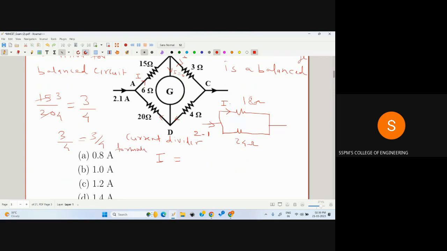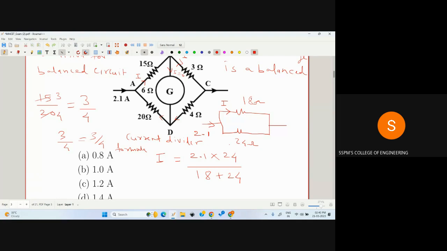The current flowing through the 18 ohm is equal to the total current, the total current is 2.1, into the opposite resistor, the opposite resistor is 24, divided by the sum of resistances which are connected in parallel. It becomes 18 plus 24. Are you getting?